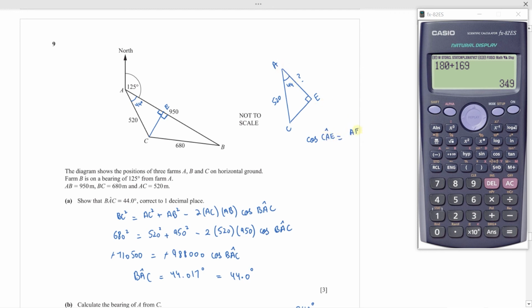Base is AE over hypotenuse is AC. So cos of this 44 degrees will give me AE over AC, which is 520. So let's select this and take it down.